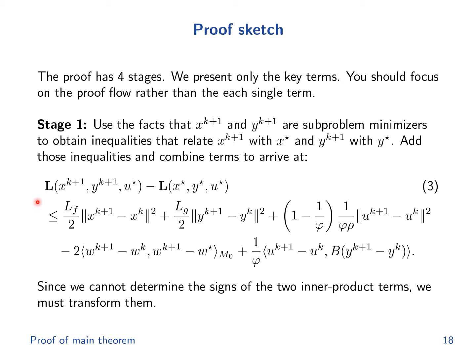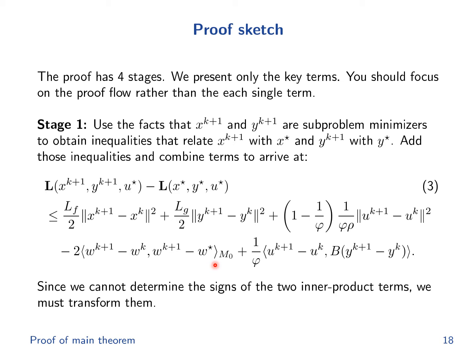down this inequality where the left-hand side is non-negative due to the definition of Lagrangian, and the right-hand side includes 4 squared terms and 2 inner product terms. To clarify, the first inner product term is induced by the diagonal matrix M0. So that really it expands into 3 individual inner product terms, one involving x vectors, and the second one involving the y vectors, the last one involving the u vectors.